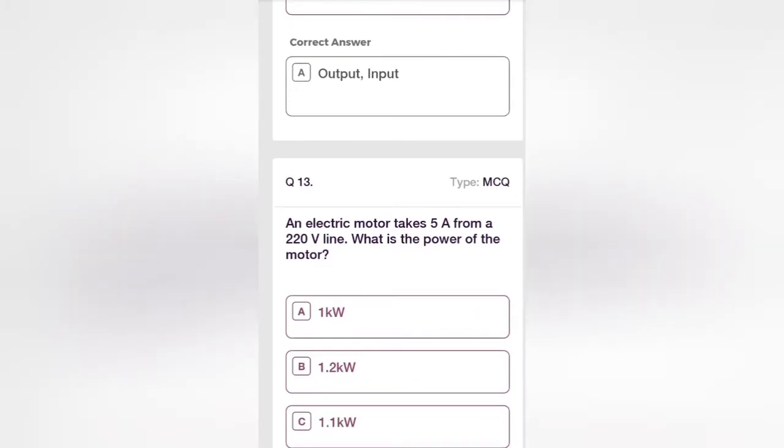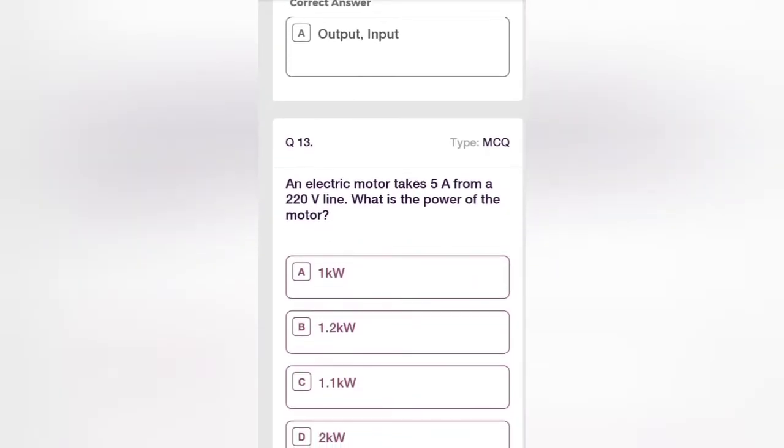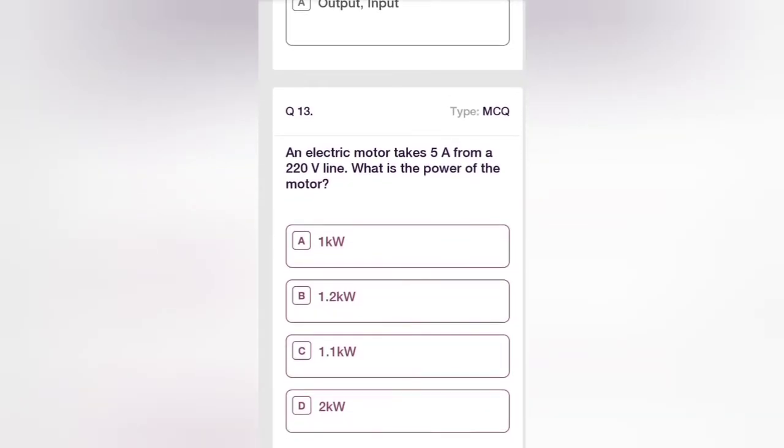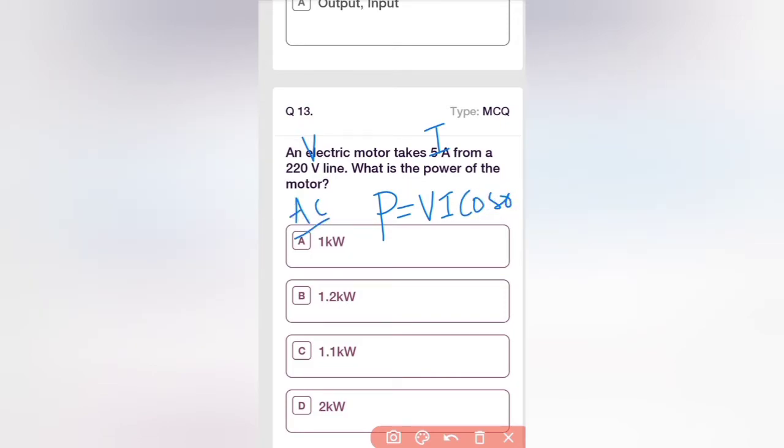An electric motor takes 5 amps from a 220 volt line. What is the power of the motor? See, current is given and voltage is given. How do we write the expression for power? Power is equal to V into I. And since it is AC supply, we have to introduce the power factor cos phi. We can take cos phi to be 1 here.